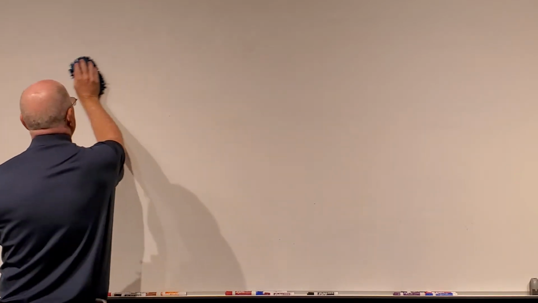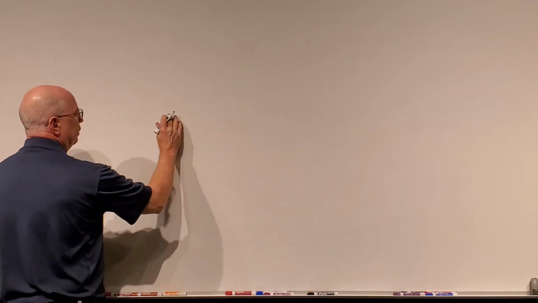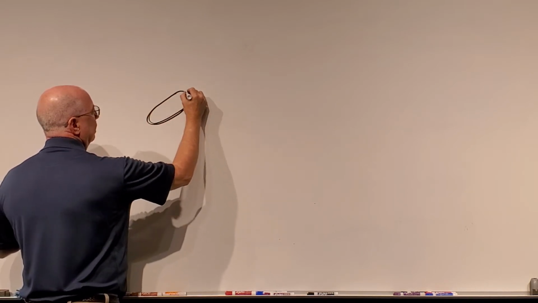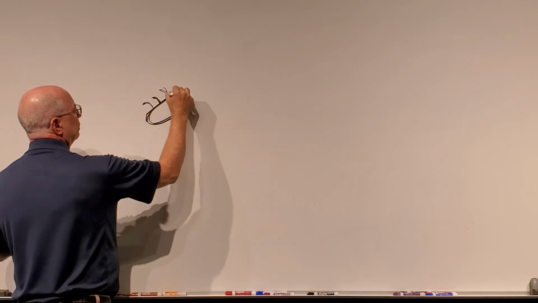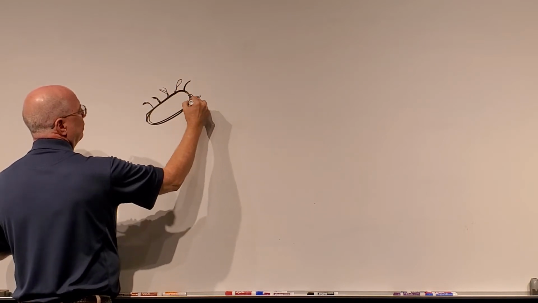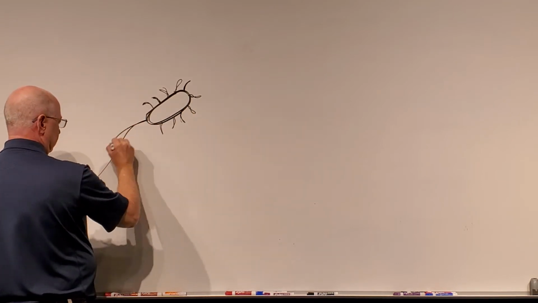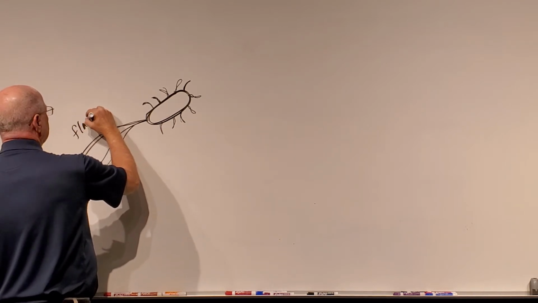Now, another structure that I want to talk about when it comes to these bacteria is this, and we mentioned this before. Let's say I take another rod-shaped bacterium, and on this bacterium, I can have these structures that stick off. And if they're rather short structures, and not these long structures called flagella.